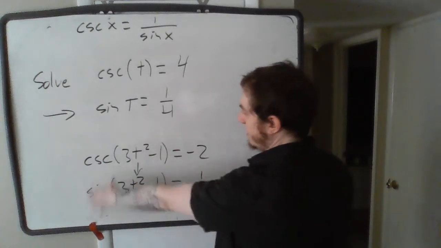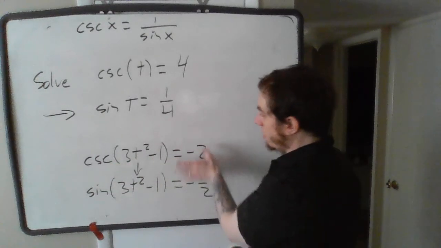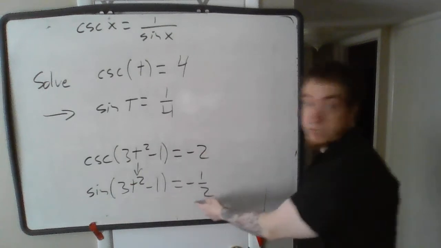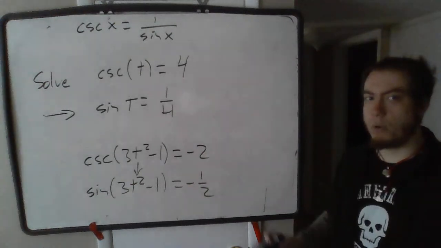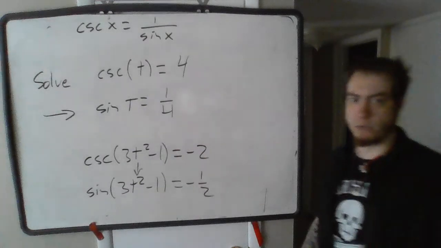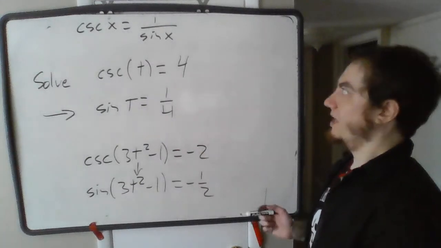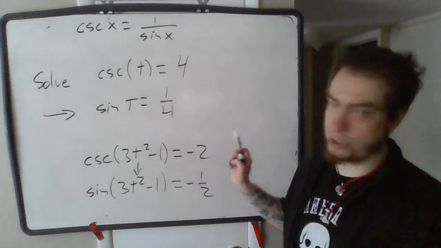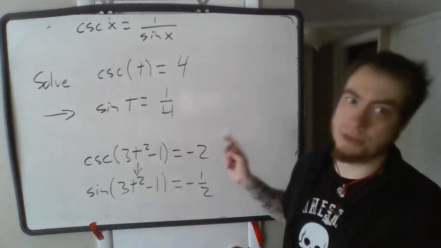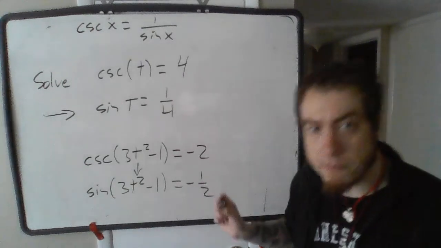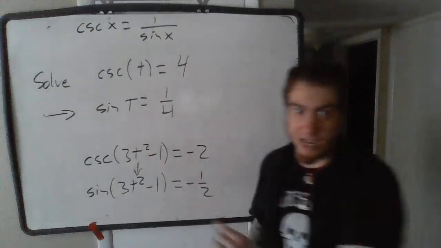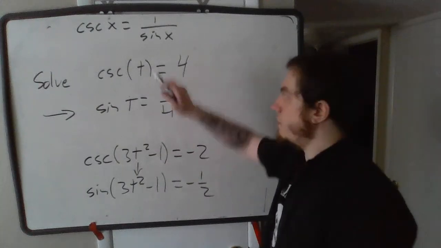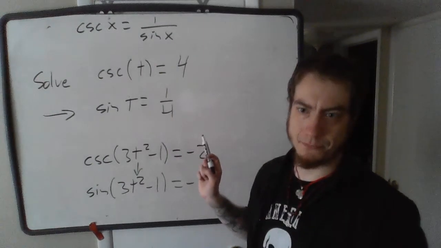That means I can take the reciprocal on both sides and I can turn this into a sine function. And now we're back in the boat where we were before, where we're just dealing with sines, okay? So if you can handle equations involving the sine function, then you kind of get the cosecant equations for free, if you remember that you can do this kind of conversion.